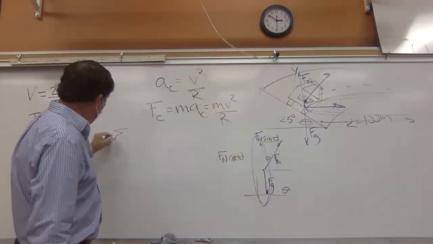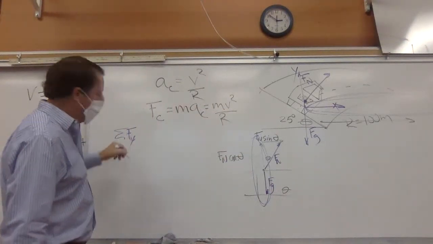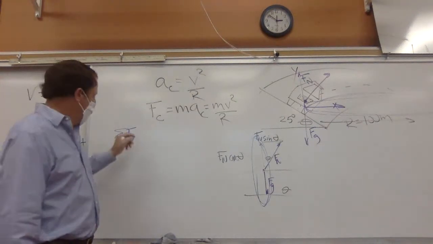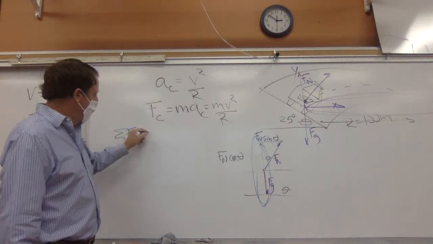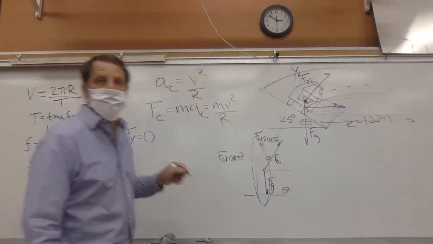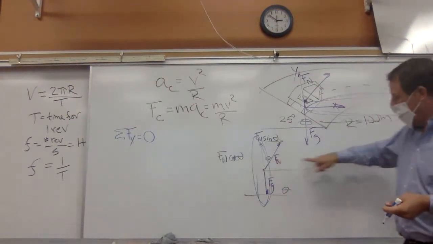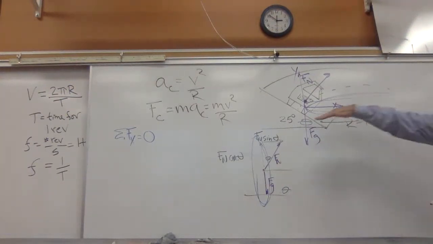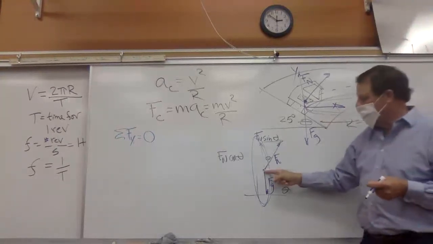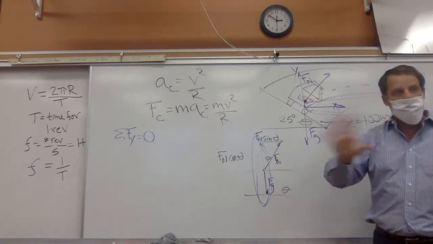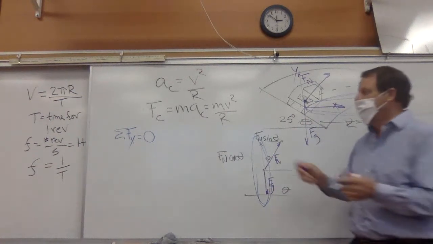We can see here that the sum of the forces in the y direction is equal to 0. It's 0, even though it's moving, remember it's moving in this big horizontal plane, so it's not moving up or moving down. In the y direction, it's not accelerating.